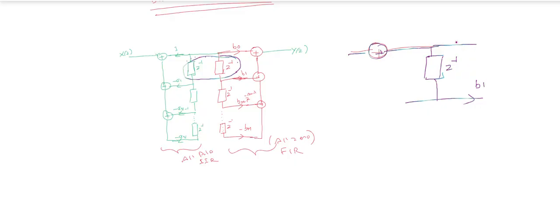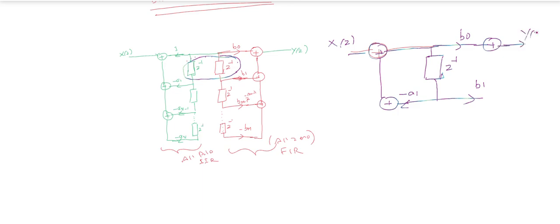This is your B0. The left-hand side coefficients are minus A1. So now you can combine these two systems. By combining this structure you need only one delay element. Combining these two delay elements together, this is X of Z or X of n, and the output is Y of Z.